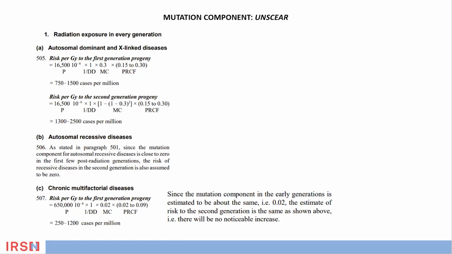And these are the cases per million. Same for the second generation. And here you can see the calculations for autosomal recessive and chronic multifactorial disease. Since the mutation component in the early generation is estimated to be about the same, the estimation of the risk to the second generation is the same as shown above, and there will be no noticeable increase.